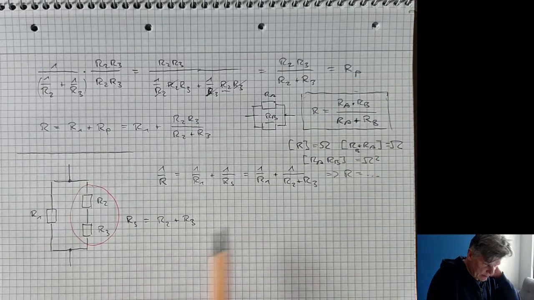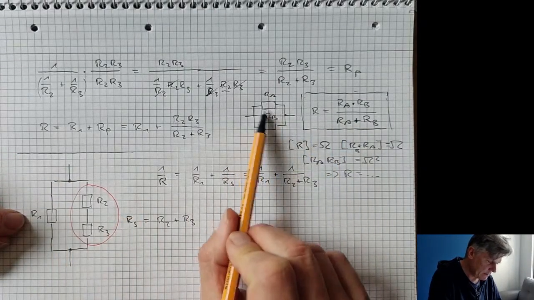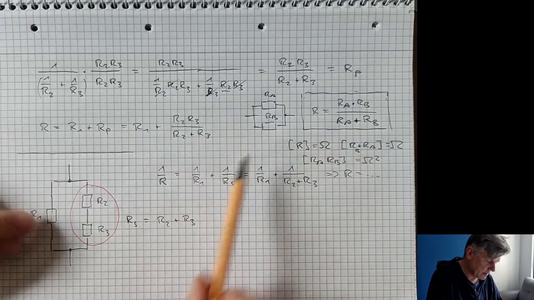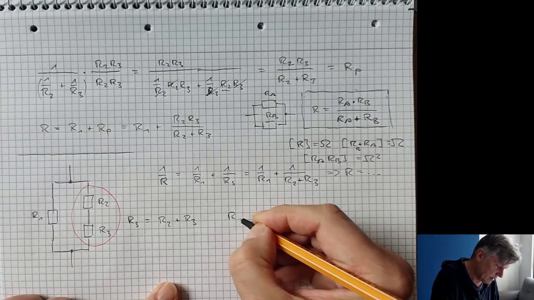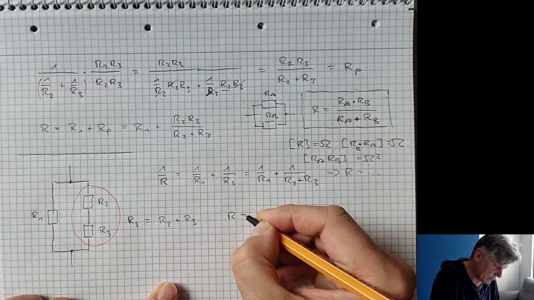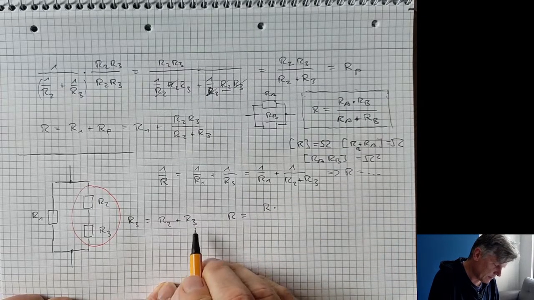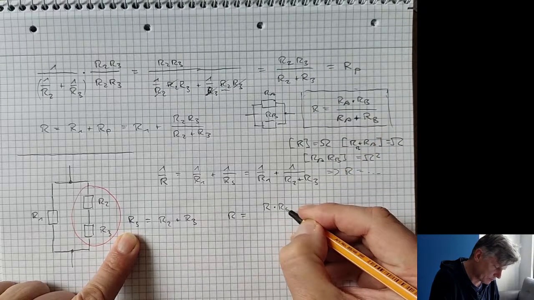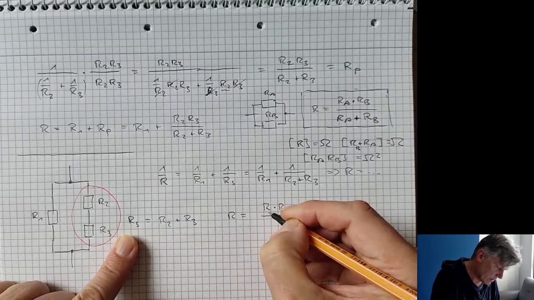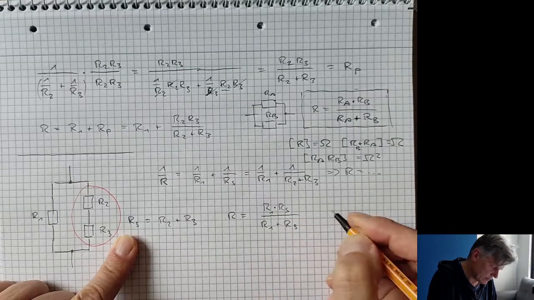Okay, so now let's substitute the values here. Let's say RA is R1 and RB is RS, right? So then we simply fill in the values. So this would be R1 times RS divided by R1 plus RS, right?